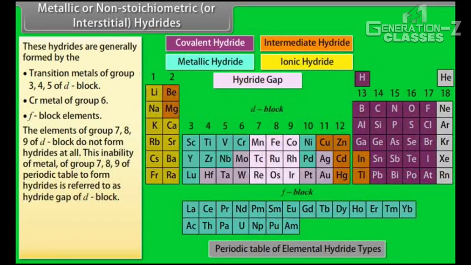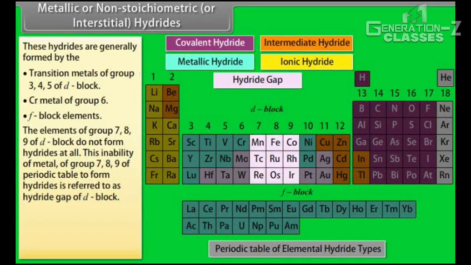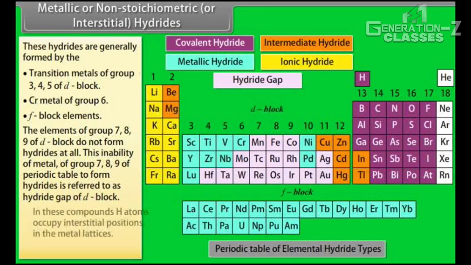The elements of group 7, 8, 9 of the d-block do not form hydrides at all. This inability of metals of group 7, 8, 9 of the periodic table to form hydrides is referred to as the hydride gap of the d-block. In these compounds, H atoms occupy interstitial positions in the metal lattices.